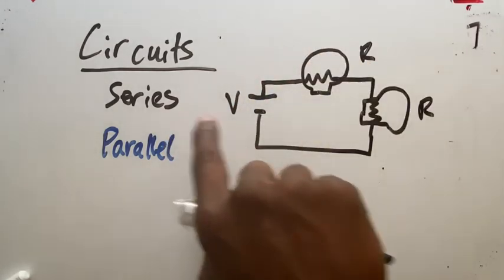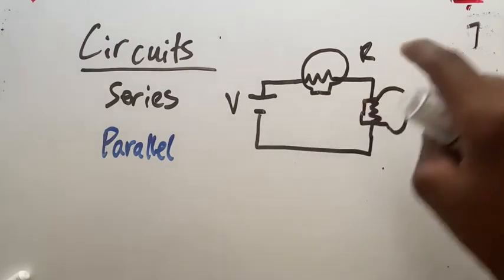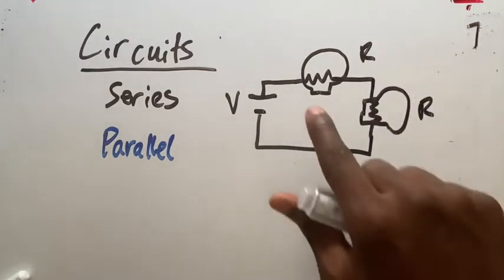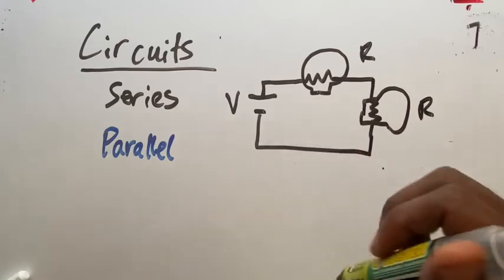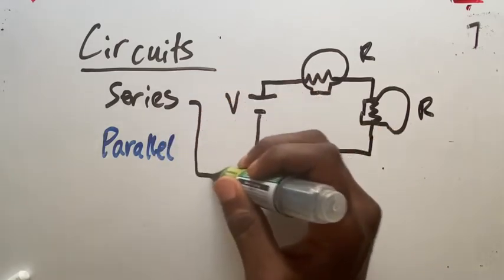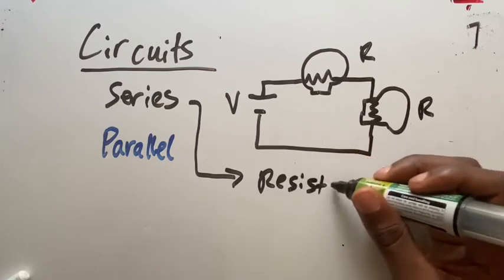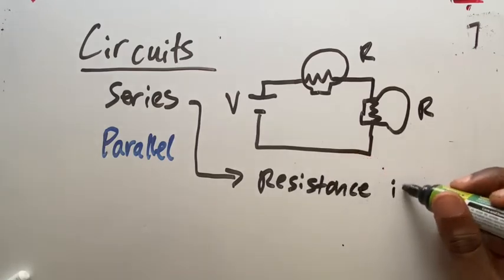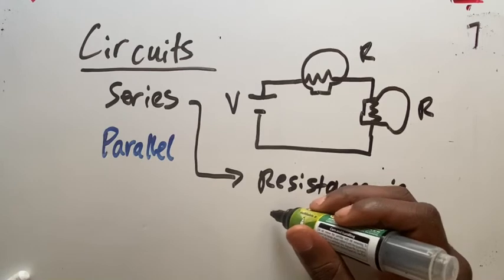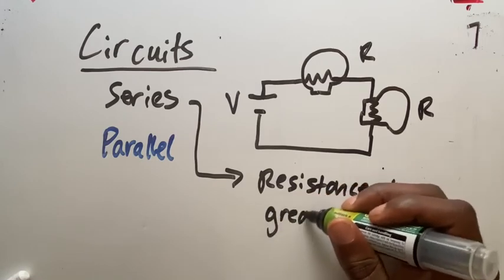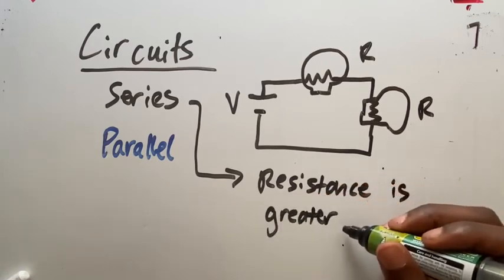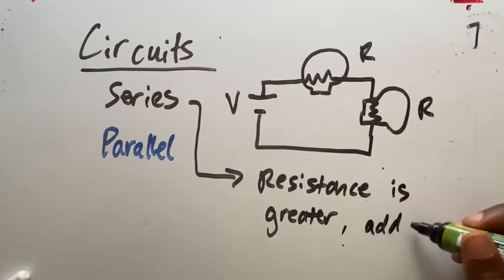So for a circuit in series, the resistance is greater, or in other words, it adds up.